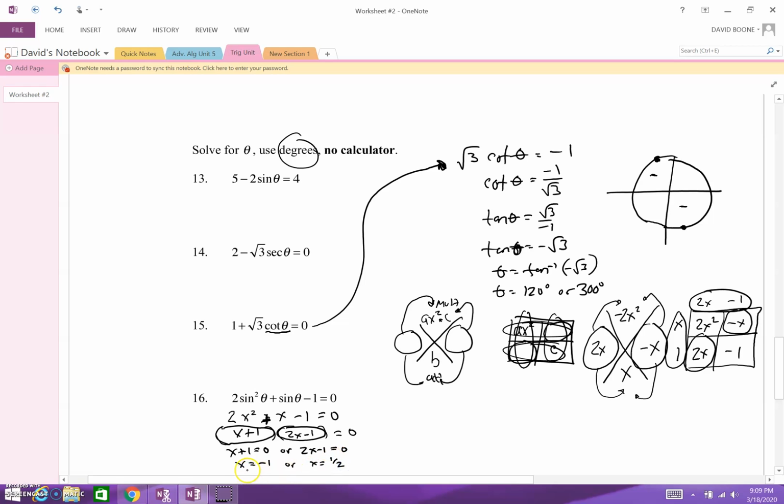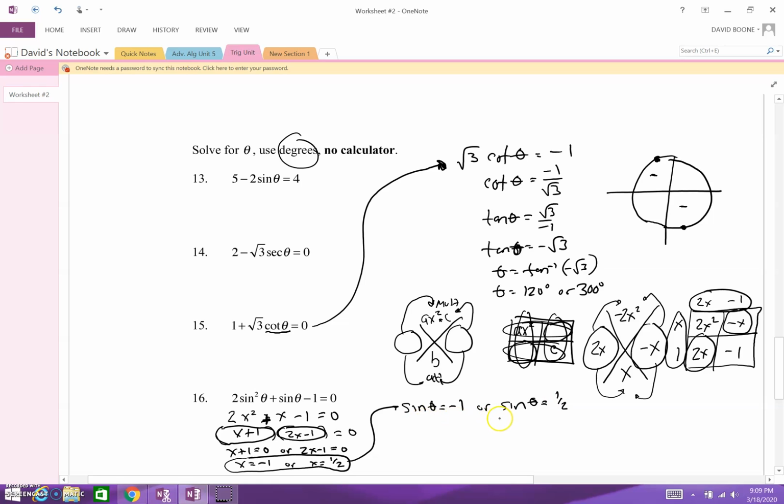But wait a minute. These weren't x's. When I look at these problems, this is really not x equals negative 1, but sine of theta equals negative 1, or sine of theta equals 1/2.